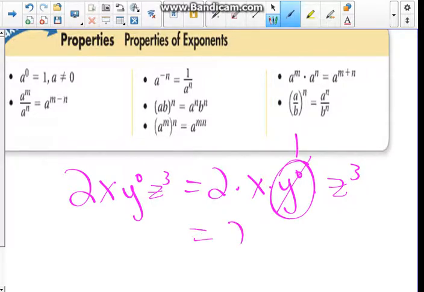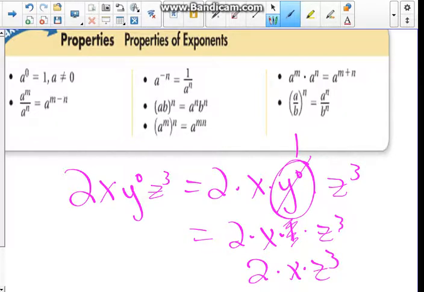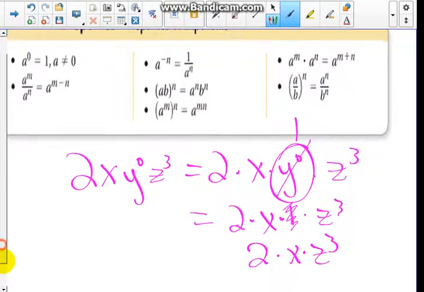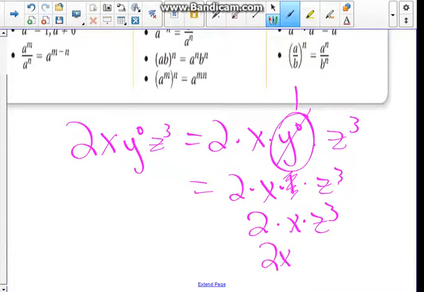So it becomes 2 times x times 1 times z cubed. Well, anything times 1 is itself, so we can just take that out. 2 times 1 is 2 times x times z cubed, which becomes 2xz cubed.